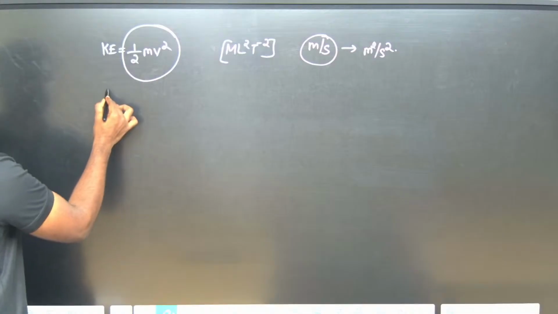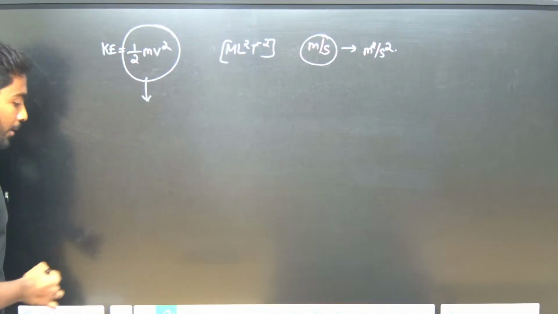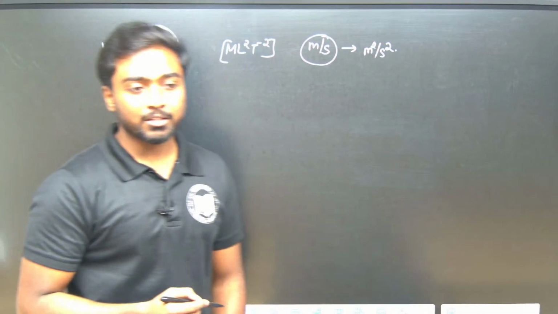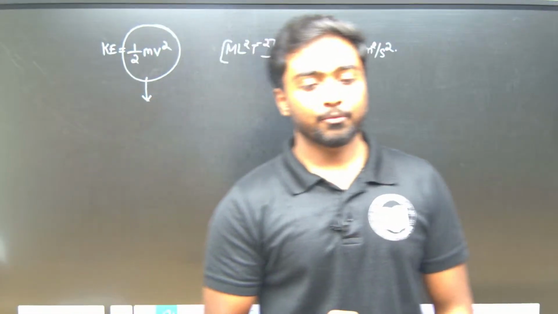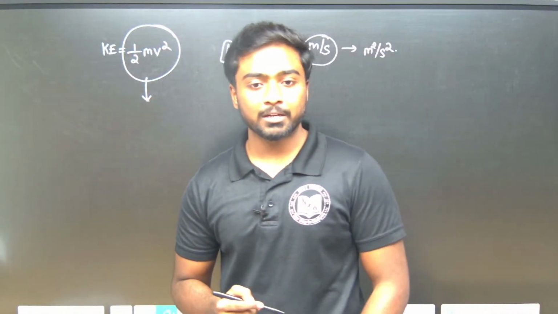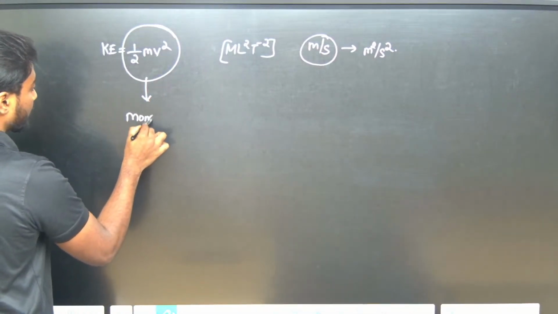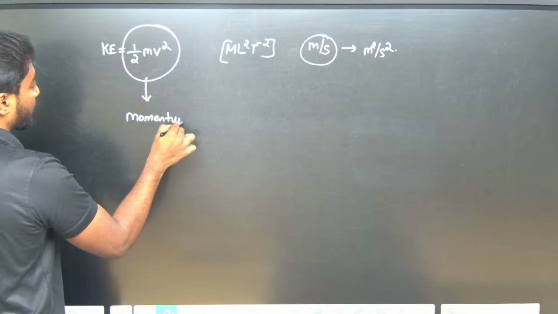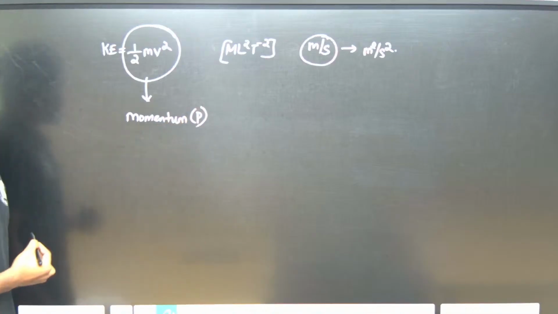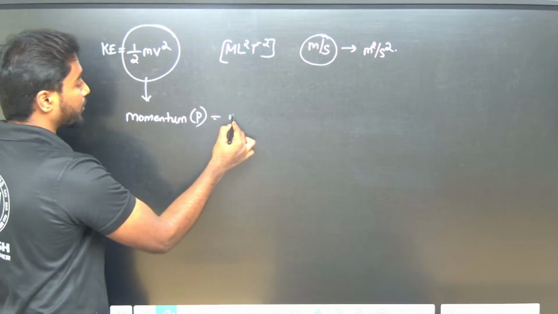From this kinetic energy, we need a relation between kinetic energy and momentum. Momentum, which is denoted by the letter P, is nothing but mass into velocity.